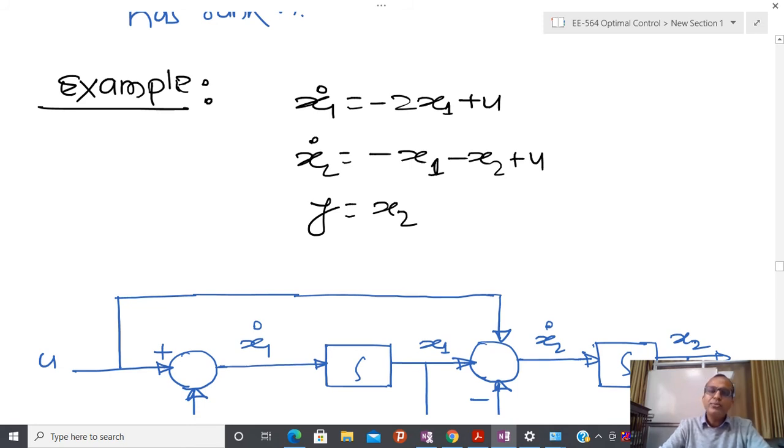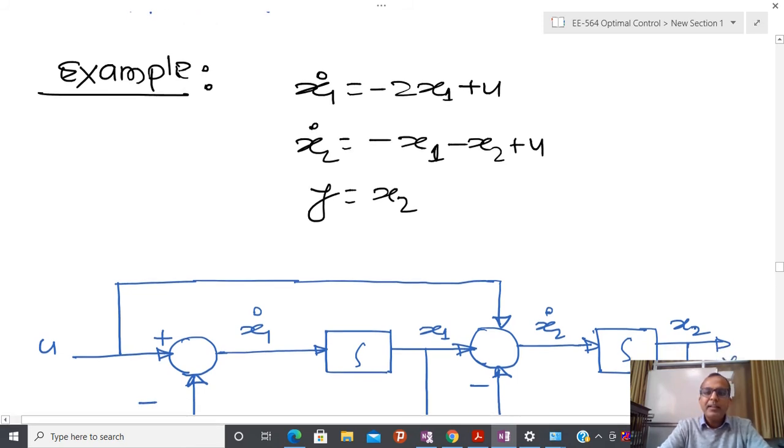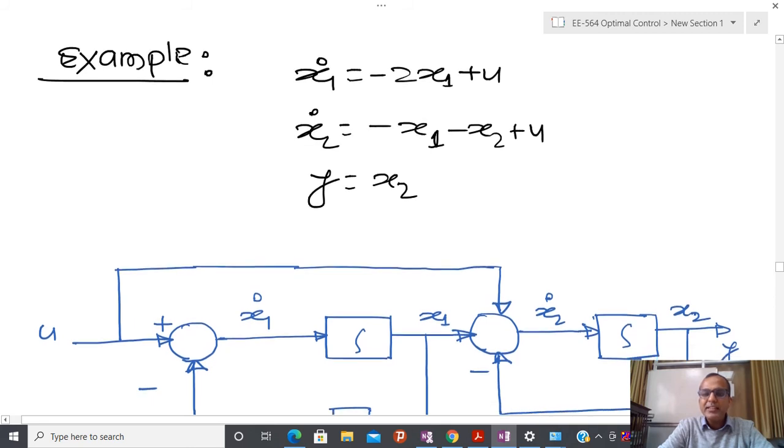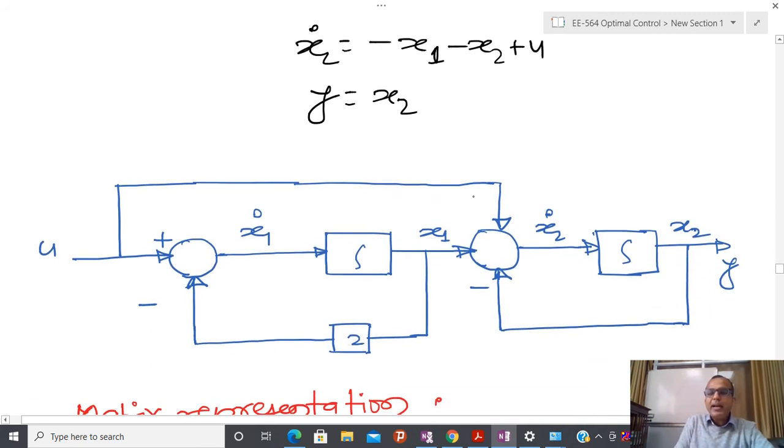So let us take this simple example. I have a linear time invariant system. I have taken x1 dot equal to 2x1 plus u, x2 dot equal to x1 minus x2 plus u, and y equal to x2. This is my system, and one can also see that this system can be represented by this kind of block notation, where this is the integrator.